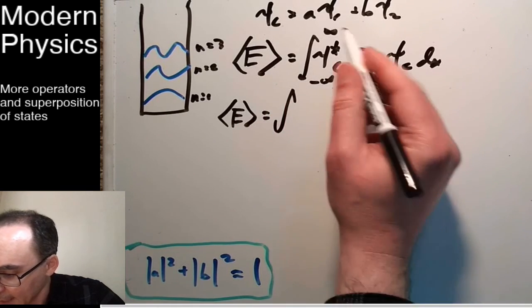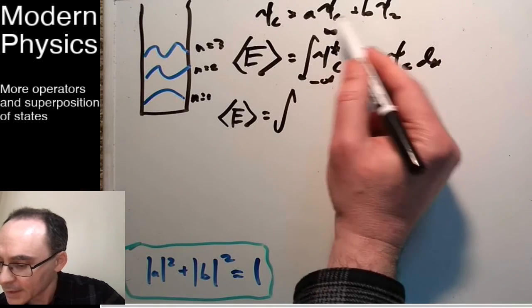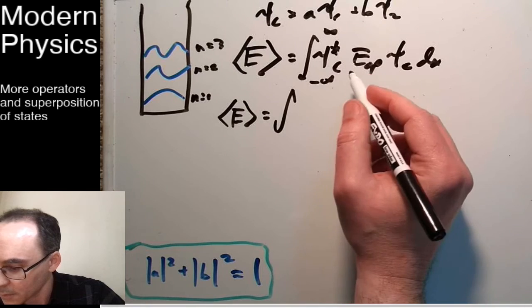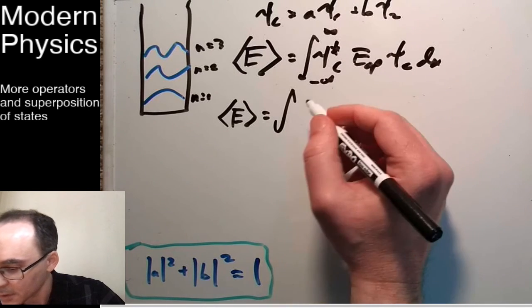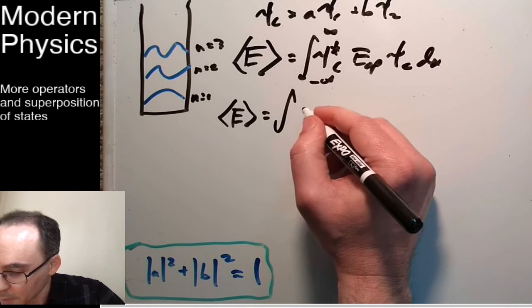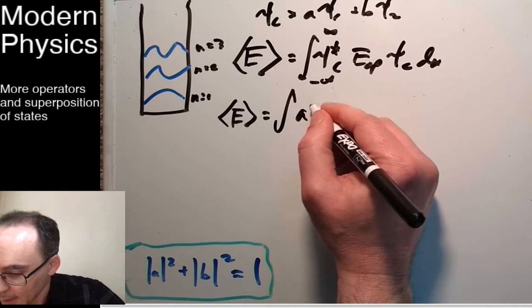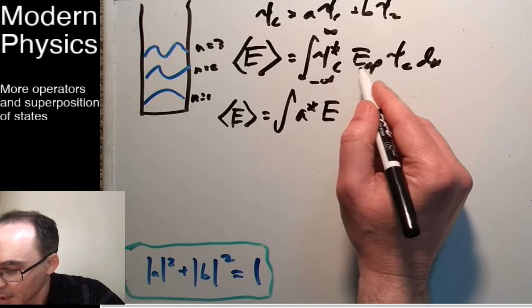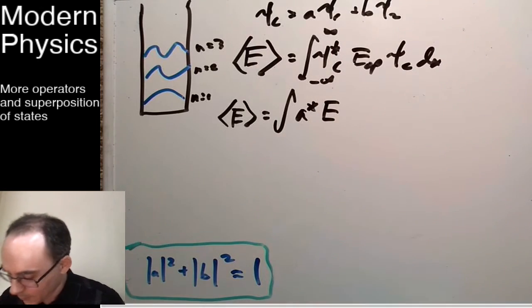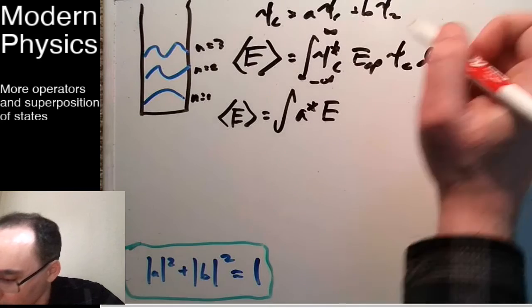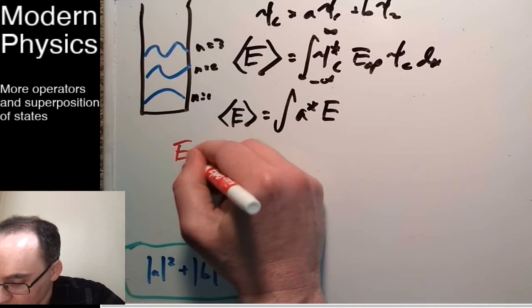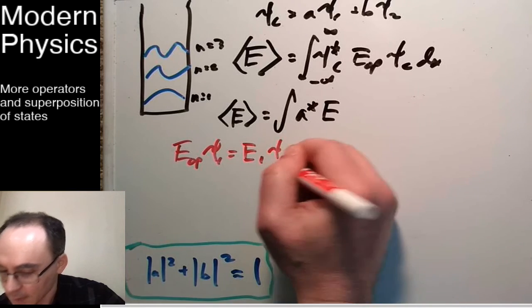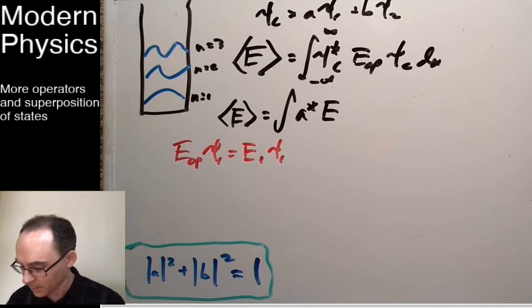Then we write this out, and we get 4 possible terms, but 2 of them are cross terms. They go away because the integral of psi 1 times psi 2 just does nothing. Remember, the energy operator when it acts on psi 1, E op psi 1, just equals E1 psi 1, the energy of the first ground state.